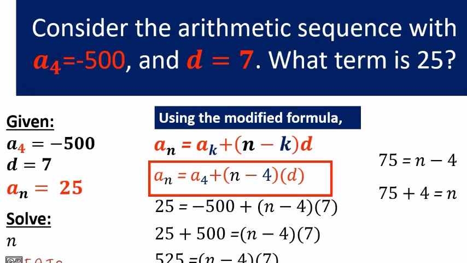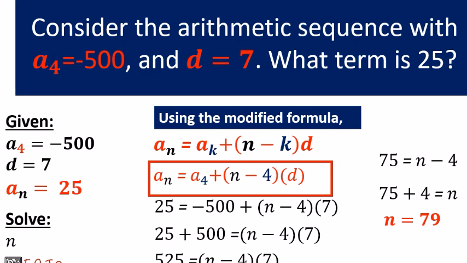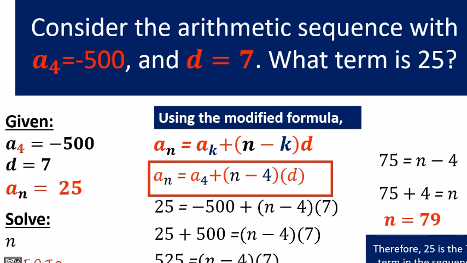To go further, we have 25 equals negative 500 plus n minus 4 times 7. Applying the properties of equality, we will get n equals 79. Hence, 25 is the 79th term of the arithmetic sequence where a sub 4 is negative 500, and the common difference is 7.